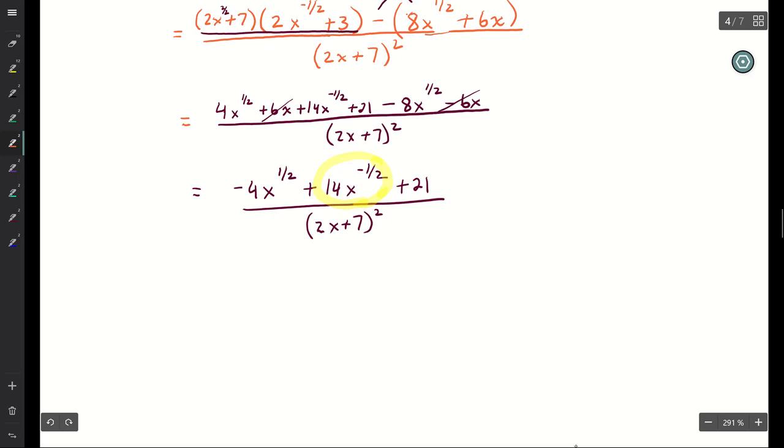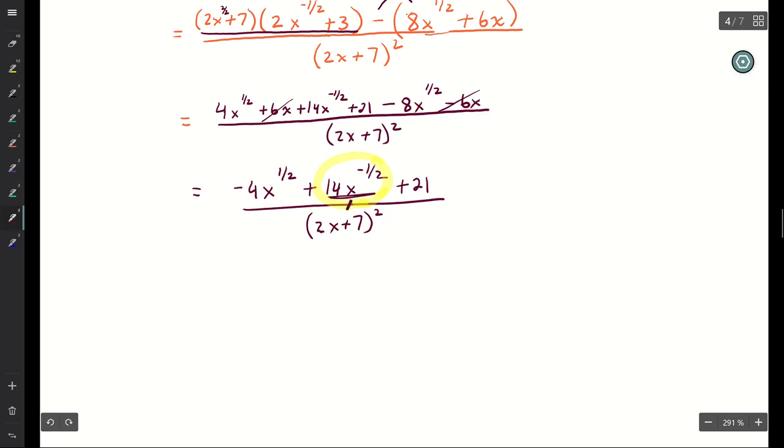So in this situation, because it's in the numerator of a, I'm going to say kind of nastier looking problem, and it's a term in the numerator, okay, so there's other stuff around it, you can't just take it to the bottom and change that exponent to a positive x to the half in the denominator. Now, what you're going to do, though, is you're going to create a fraction with just that one term.